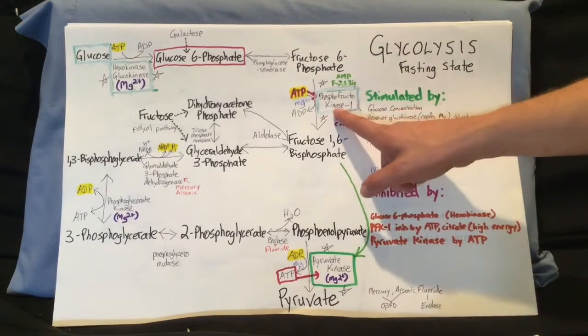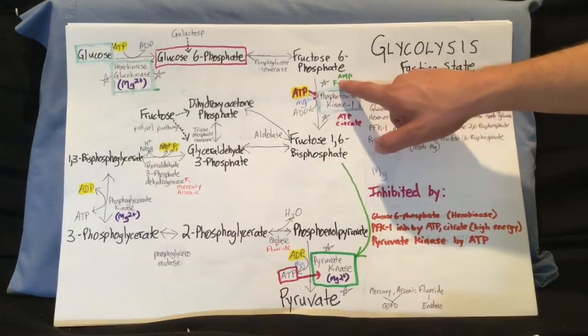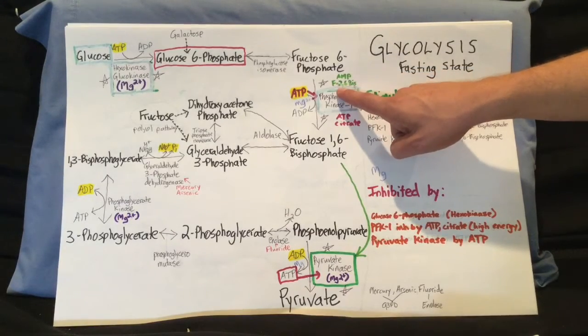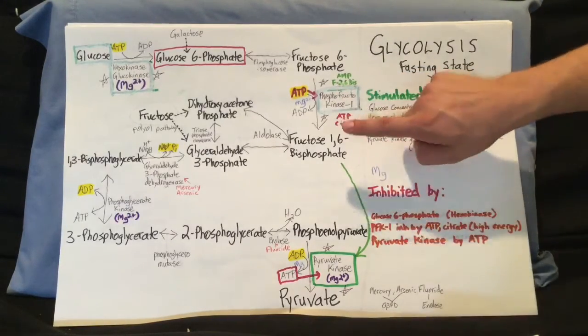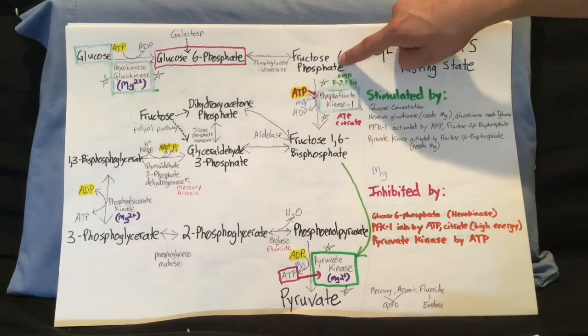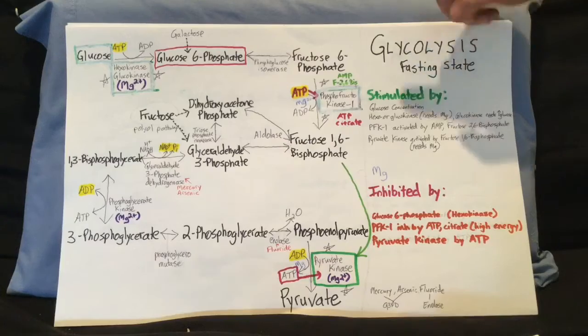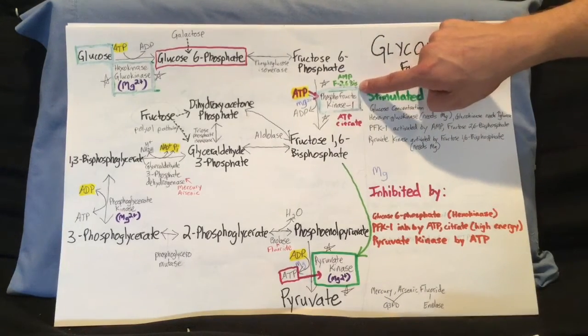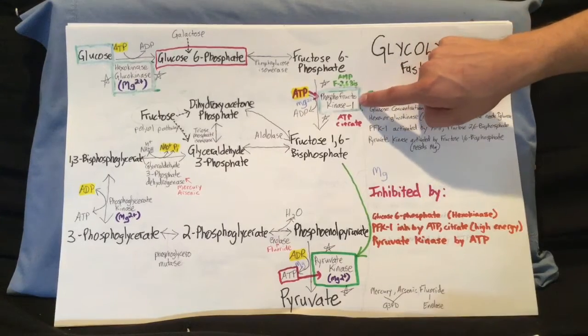Now, phosphofructokinase 1 is activated by AMP, which is characteristic of low energy, and it's also activated by fructose 2,6-bisphosphate, which is different than 1,6-bisphosphate. It's a separate thing that's created from the fructose 6-phosphate, which is not part of glycolysis itself, except it acts as an activator for phosphofructokinase 1.